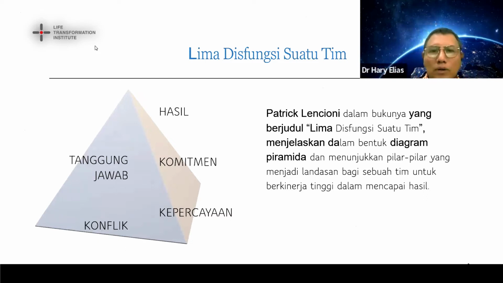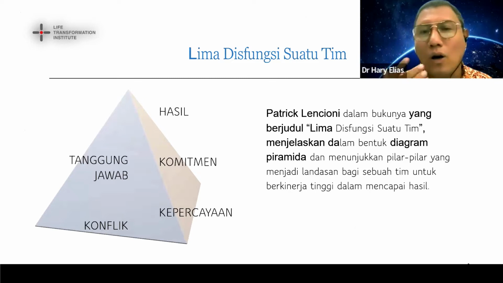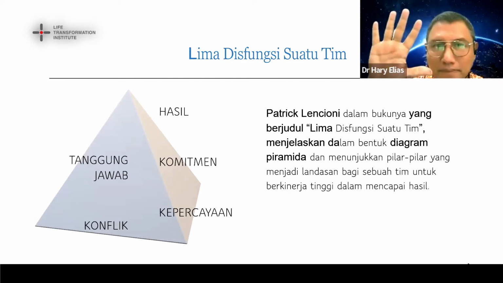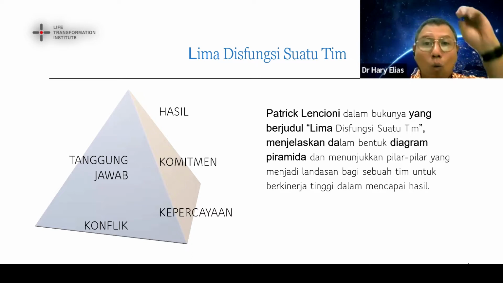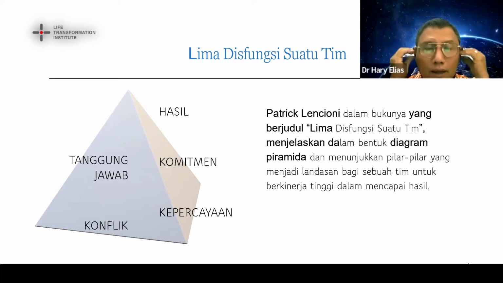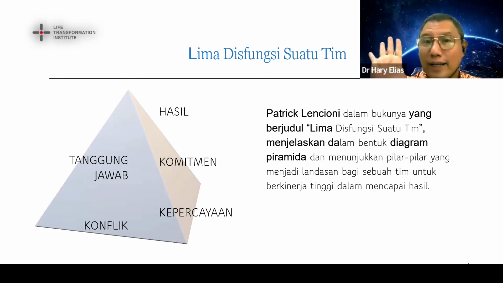And in this book, dia menjelaskan in a diagram, in his pyramid, what he says are some of the problems of a team and why teams fail. Now, according to Lencioni, ada 5. And this is the 5. So I'm going to explain one by one very quickly. Hasil, commitment, kepercayaan, tanggung jawab, dan konflik.